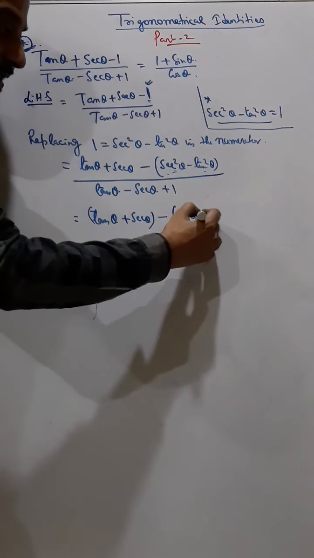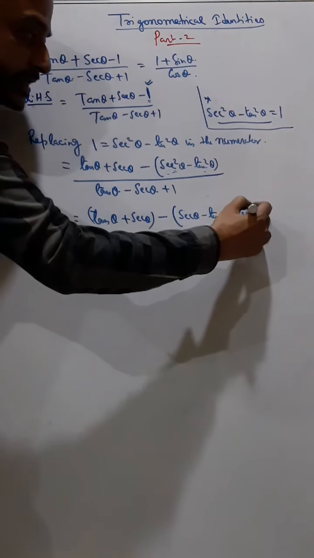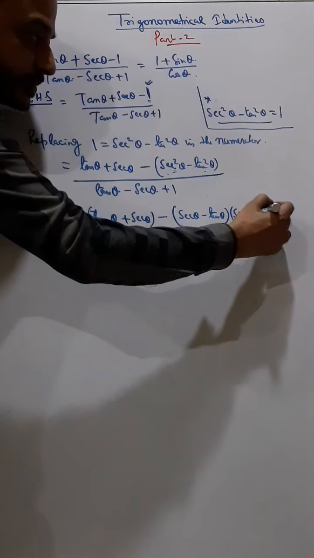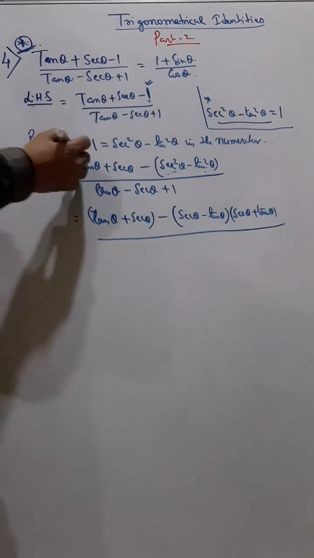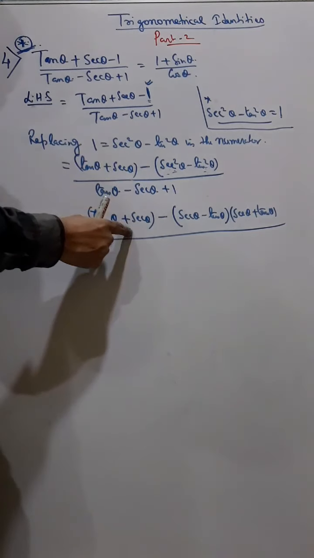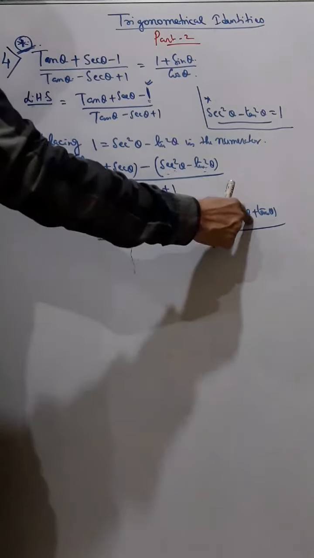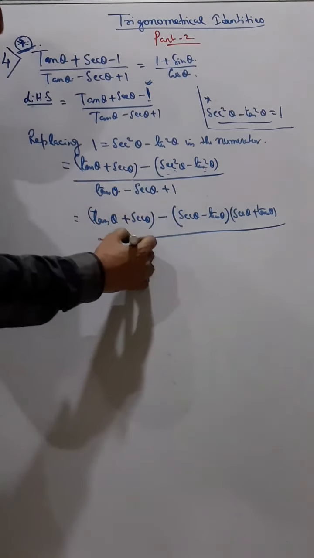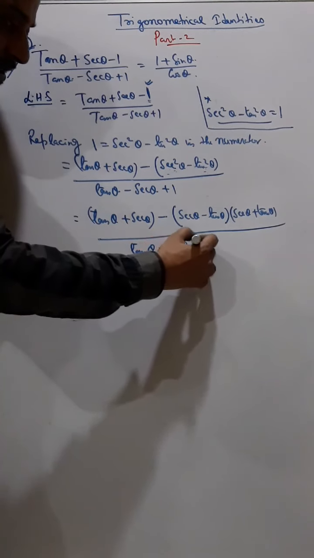So we'll write sec theta minus tan theta and sec theta plus tan theta. Understand? This is a square minus b square, so we are writing a minus b, a plus b, and again the denominator is the same: tan theta minus sec theta plus 1.